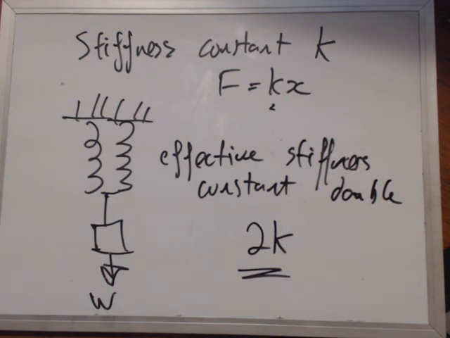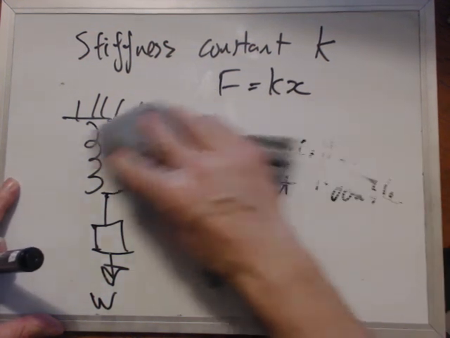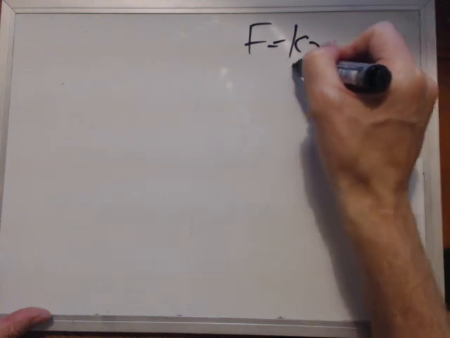That's in parallel. Now, if you had two springs in series, again with the same stiffness constant, so again F equals Kx, where K is the stiffness constant.